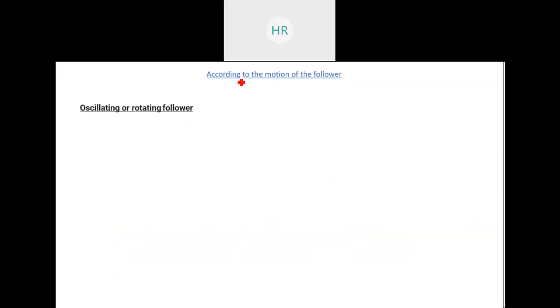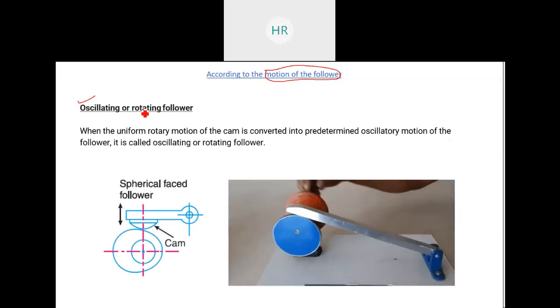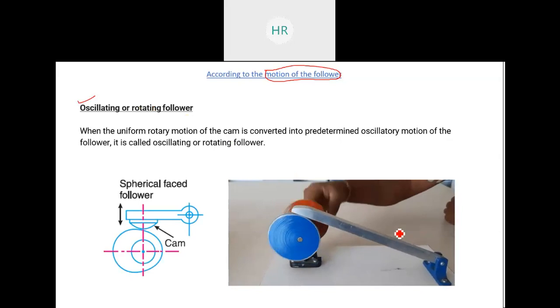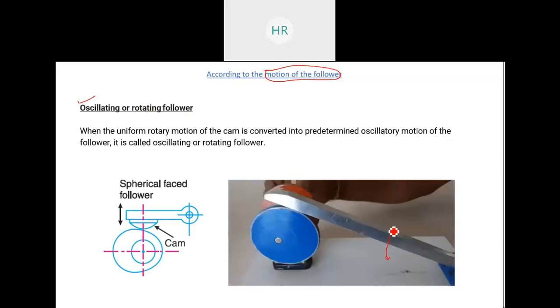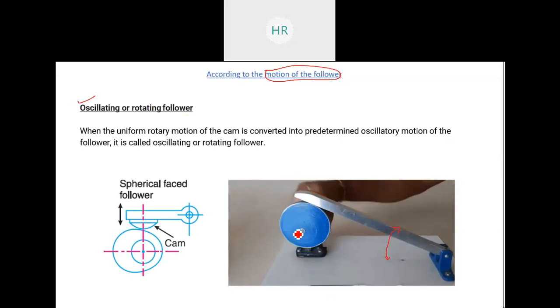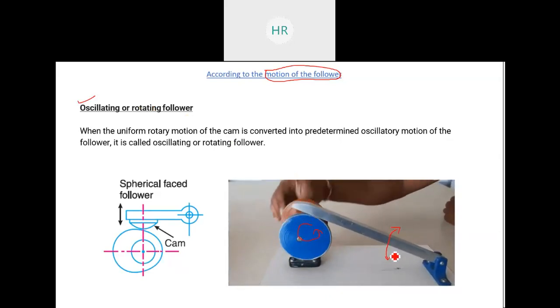Second classification according to the motion of the follower is oscillating or rotating follower. By the name we can guess that oscillating means now follower will be having oscillating motion like this. You can see as we are rotating the cam, this follower is oscillating.